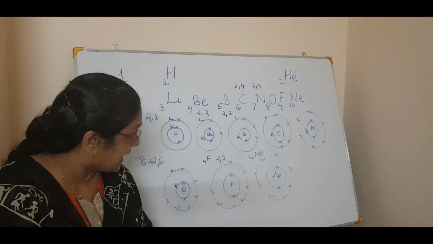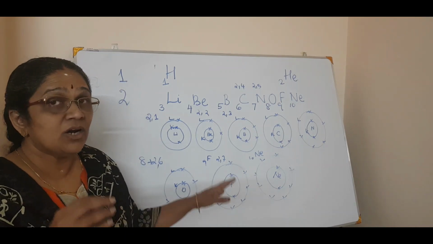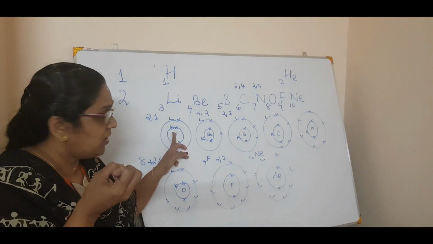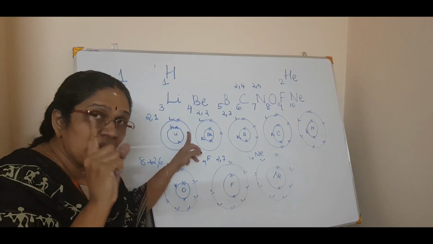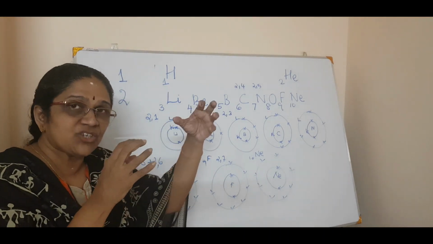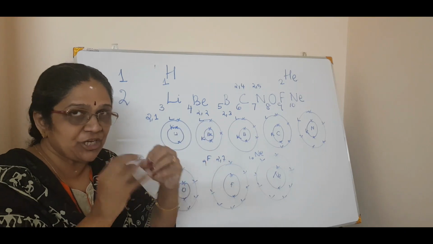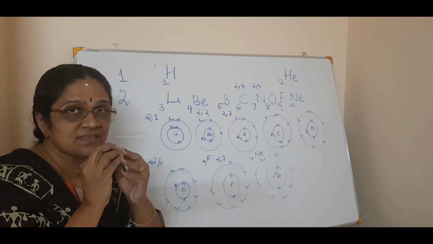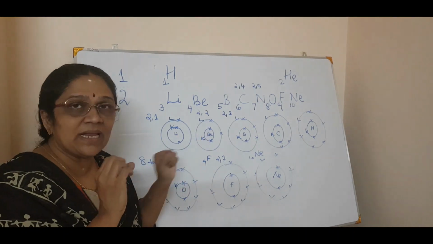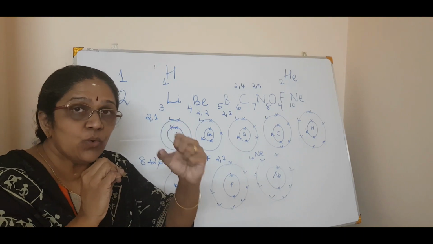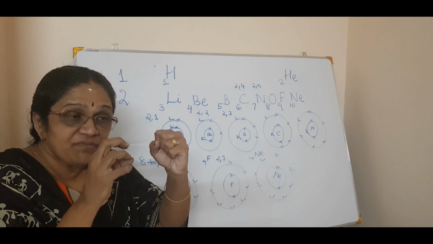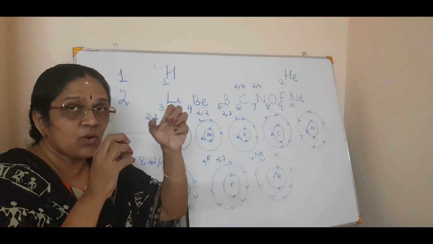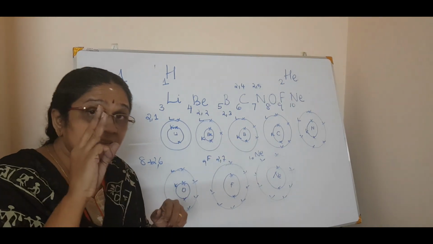While the electrons are added into the same shell, do you know what happens? Look, here there is a positive nucleus, correct? In this outer shell there is only one electron. So plus and electron is minus. So what happens? Attraction. Correct. Now in this case there is a positive nucleus, then there are 2 electrons. So the number of electrons increased. So the attraction between the nucleus and the valence electrons increased. In the next there are 3 electrons.